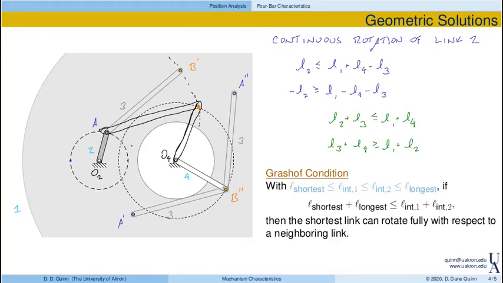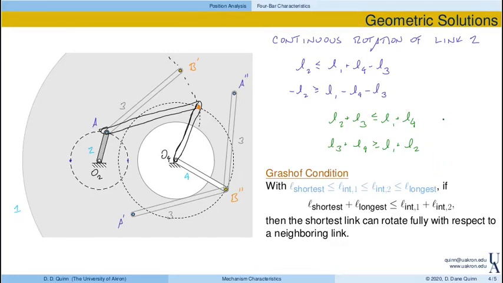So here, for this mechanism, that implies that if the sum of link 2 and link 3, the two shortest links, is less than or equal to the sum of link 1 and link 4, the intermediate links in this case, then link 2 can undergo a complete rotation.